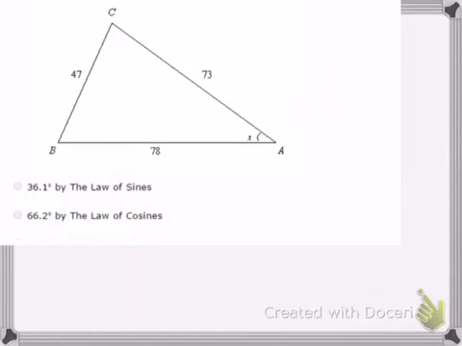Now, the law of cosines is a squared equals b squared plus c squared minus 2bc cosine of angle A. In the law of cosines, we're always looking for either this or that, so angle A or side A in this case. If we were looking for angle B, then we would just swap B with A. Everywhere you see a B, you put an A, and then you go.